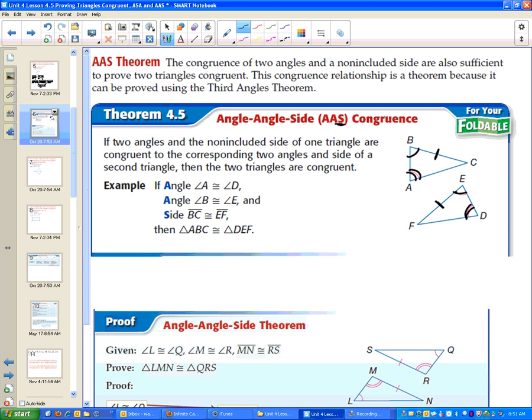So on the surface, it's just like the other ones. You need 3 pairs of parts. As long as you can find the angle, then the non-included side, you're good. Let me show you where it gets tough. People confuse it this way. Pretend that that little thing's not there.